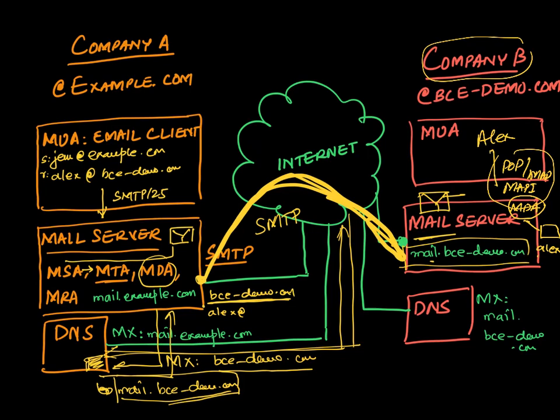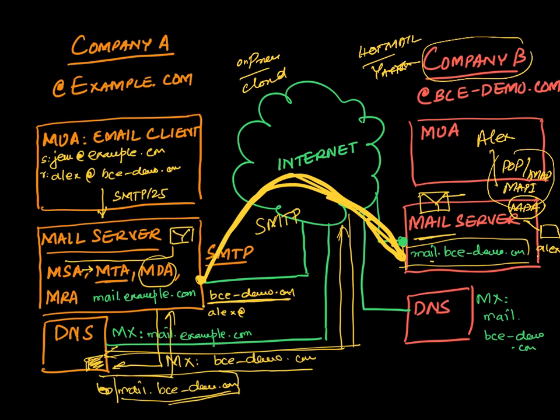So this was the whole process, and you can replace company B with Hotmail or Yahoo or any other company, but the whole process will be the same. You can replace this on-prem environment with cloud, and most of the flow will be the same.